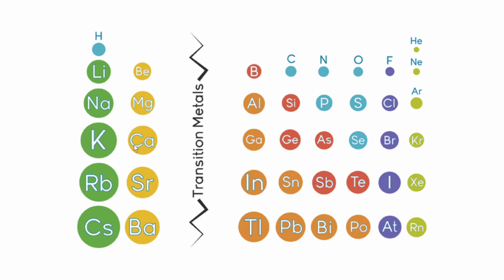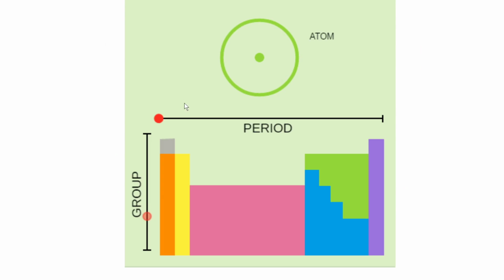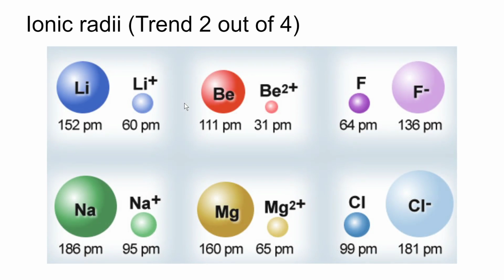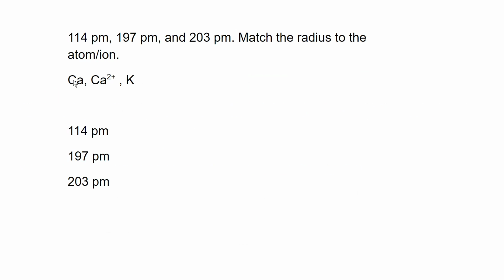That's because it has the same number of shells, but calcium has one extra proton, giving it more nuclear charge. It has a much bigger attraction towards the electrons, making them hang closer in. So we know that calcium's going to be smaller than potassium.